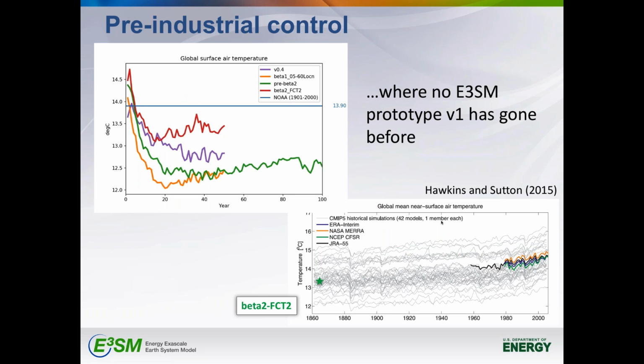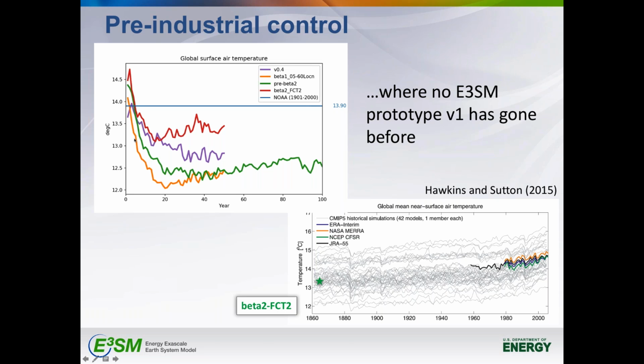Now, the evolution of the global surface air temperature, and most of you probably recall that we have struggled for a very, very long time with an initial coupling shock, where when we would take initial conditions from the CORE simulation and then start the coupled model from that, there would be a very large initial drop in surface temperature, as you can see, for example, from the orange line here, which is one version of the beta 1 model.